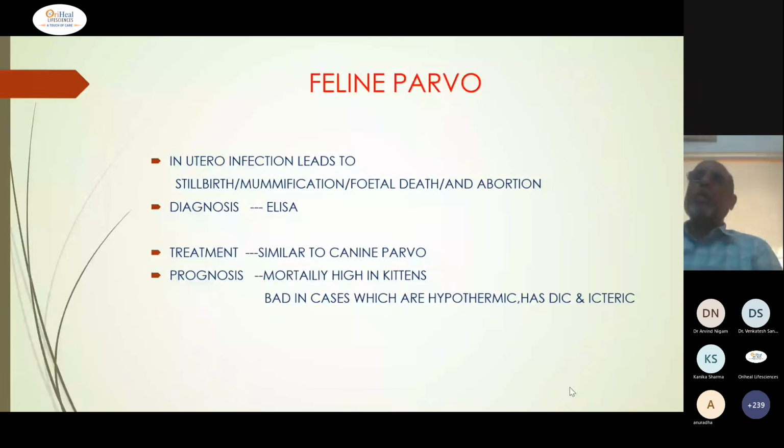You will have to warm them up to make them respond to your fluid resuscitation. So the prognosis is bad whenever you have hypothermia and disseminated intravascular coagulation. If the animal shows icteric, jaundiced mucous membranes, then the prognosis is unfavorable.